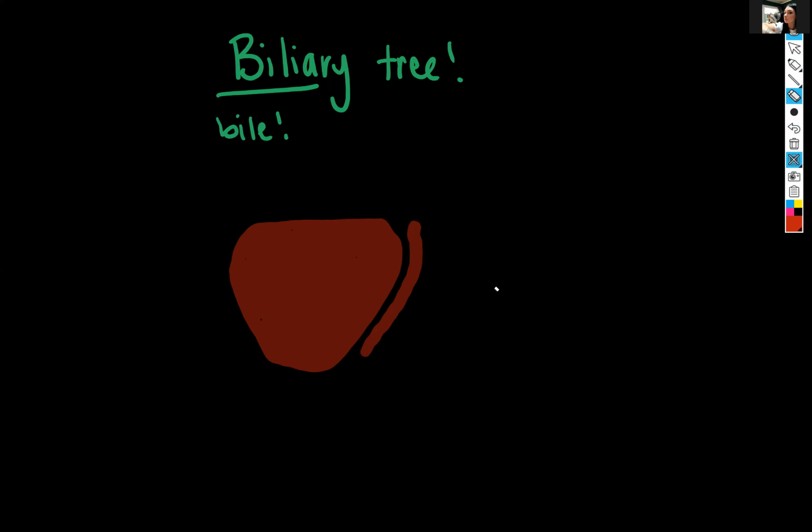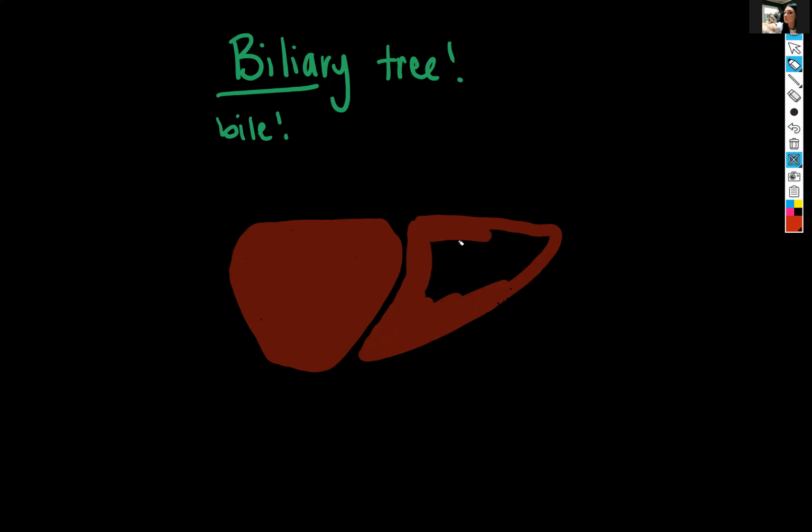Haha, sorry. I didn't realize there was secret writing under there. We're going to look at the different parts of the biliary tree, which is the series of ducts that collects bile from the liver, and see where it goes, because this really trips students up a lot. You have to have mastered what tube is coming from where.